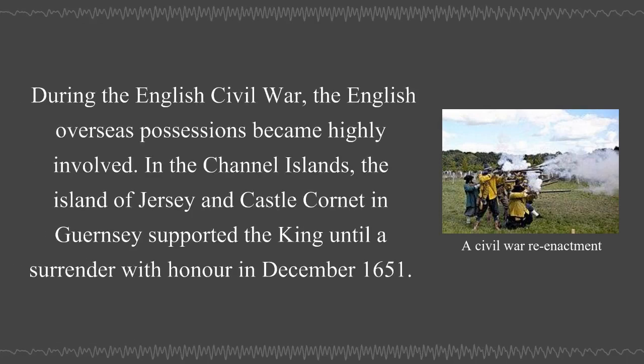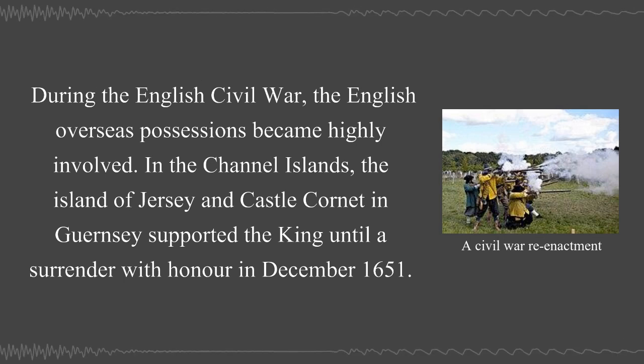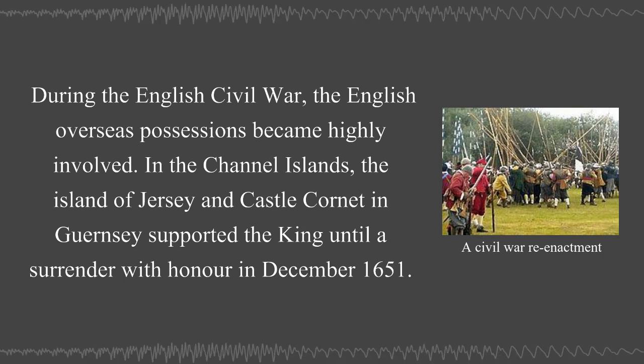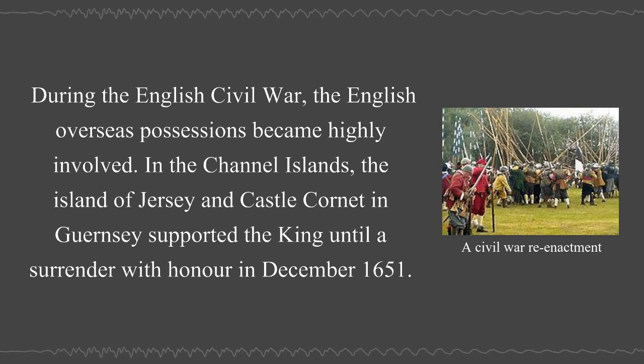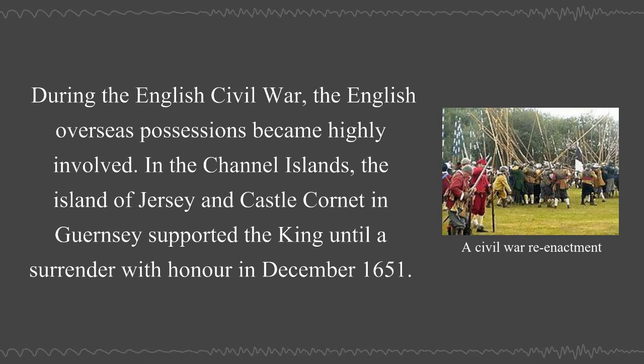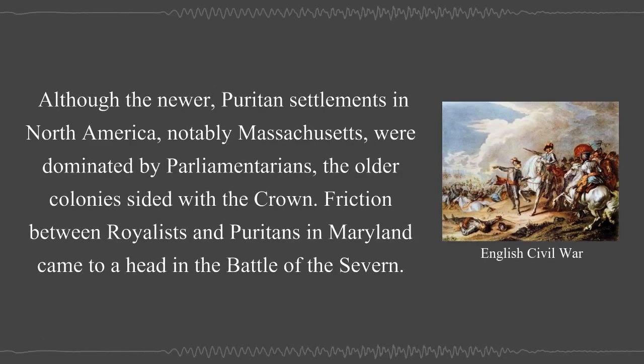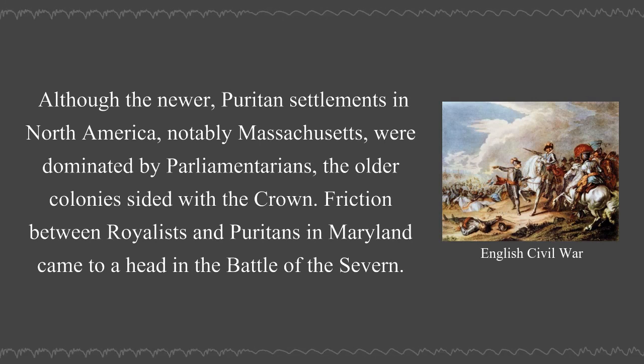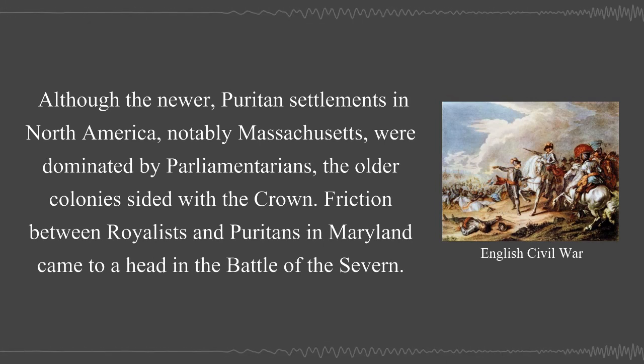During the English Civil War, the English overseas possessions became highly involved. In the Channel Islands, the island of Jersey and Castle Cornet in Guernsey supported the king until a surrender with honor in December 1651. Although the newer Puritan settlements in North America, notably Massachusetts, were dominated by parliamentarians, the older colonies sided with the crown.